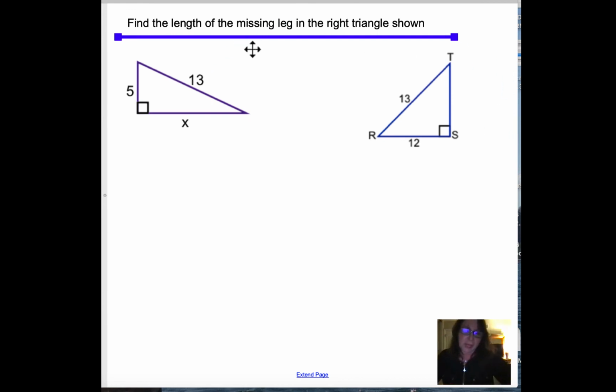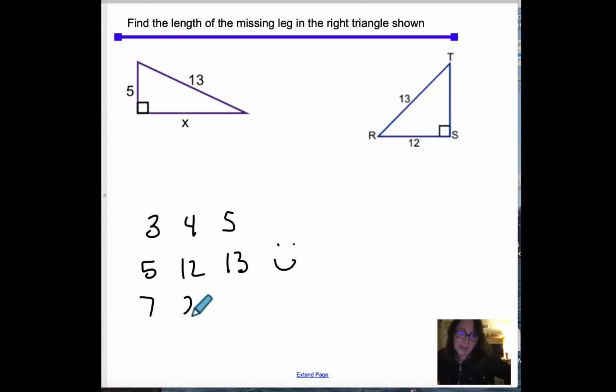For this problem here, find the missing leg. What I would like you to remember is the Pythagorean triples that you hopefully have remembered. We have the 3, 4, 5. We have the 5, 12, 13. We have 7, 24, 25, and then we have 8, 15, 17.